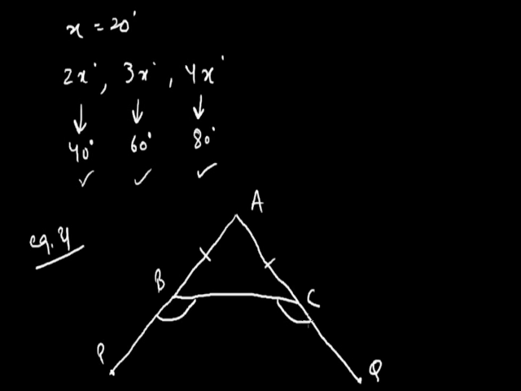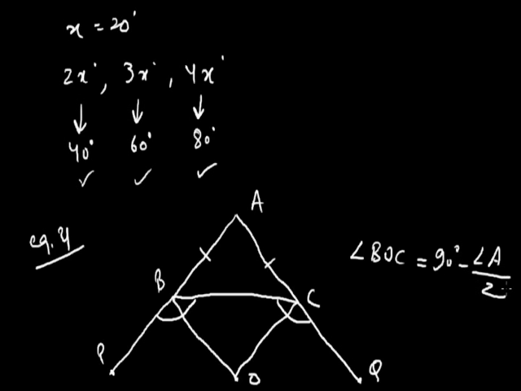The bisectors of these angles meet at a point O. So I will draw the bisectors of these angles and they will meet at a point O. Now we have to prove that angle BOC is equal to 90 degrees minus half of angle A, or angle A by 2. Angle A by 2 means the measure of angle A divided by 2, that also comes in degrees.